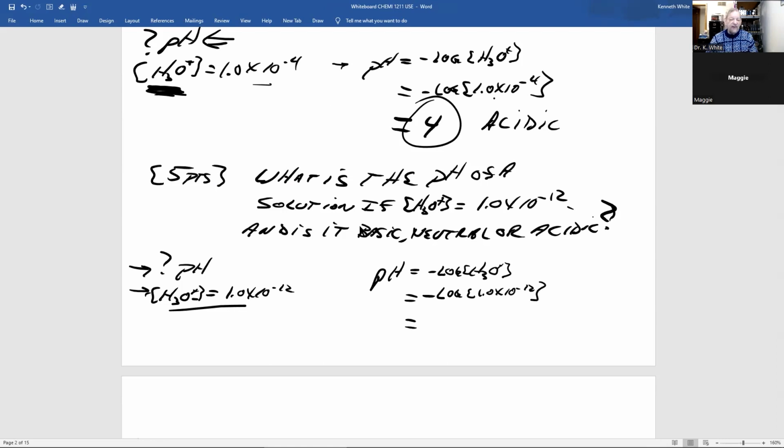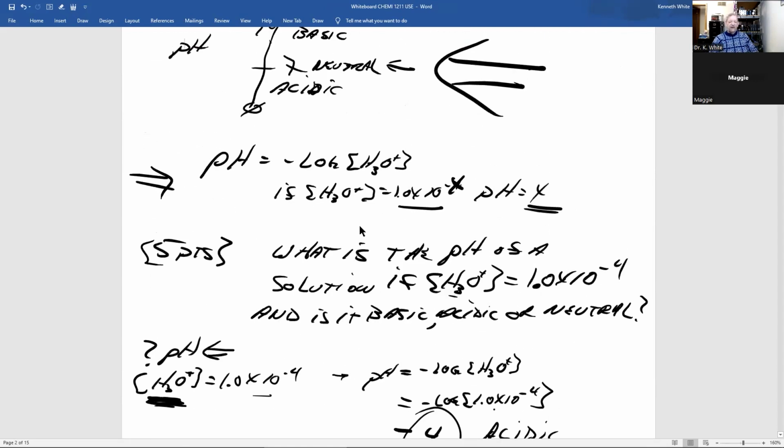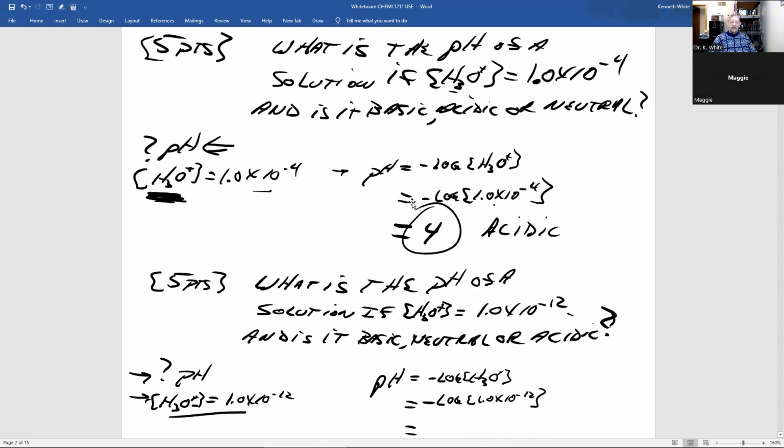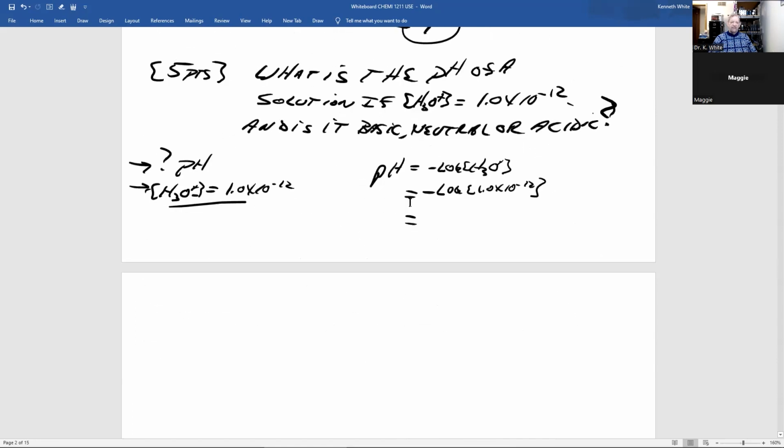I'm going to let you figure out what's the pH. Let me just remind you this. If the hydronium ion concentration is 1.0 times 10 to the minus x, pH is x. Your turn.